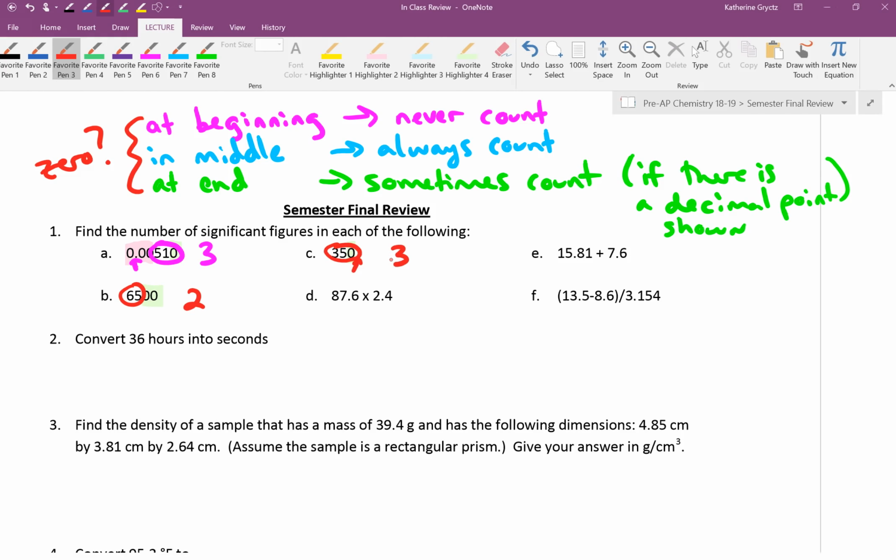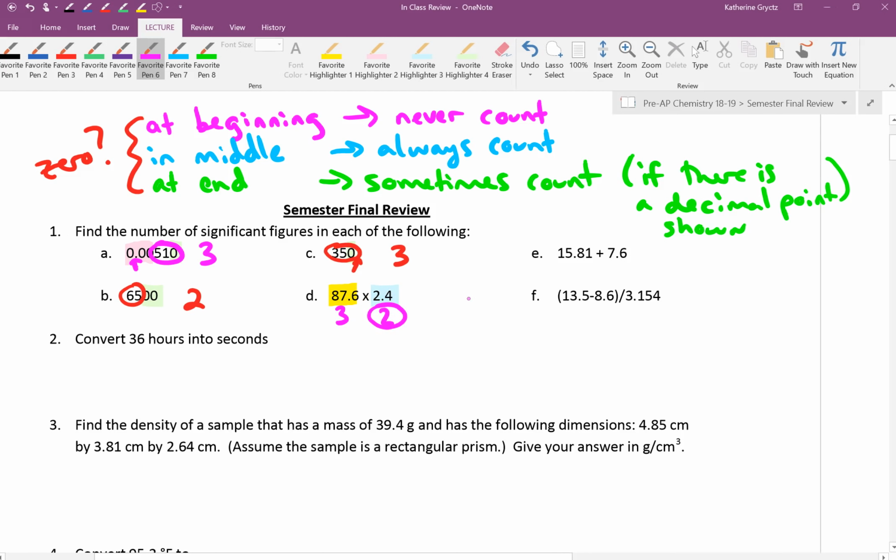Then if you're doing some mathematical operations, you got to know the 2 rules. If it's multiplication or division, you're simply counting the number that has the least amount of significant figures, you're using that number of digits. So for D, we're multiplying. We have 2 numbers shown, 87.6 has 3 significant figures and 2.4 has 2. You're going to choose the lower, so you're going to show your answer to 2 significant figures.